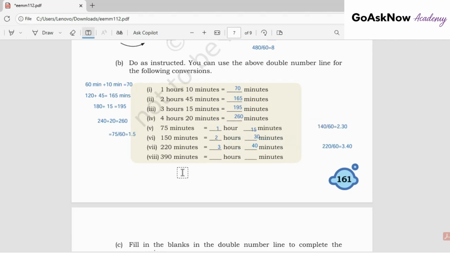Next 390. 390 divided by 60, which is equal to 6.30, which is 6 hours 30 minutes.